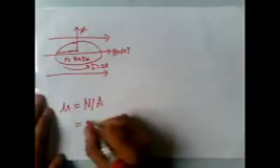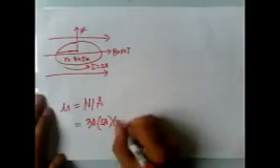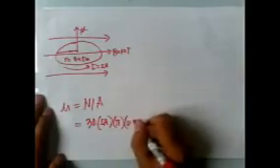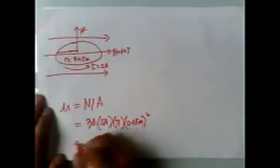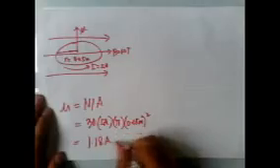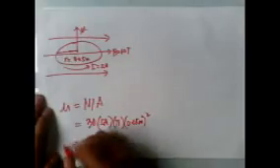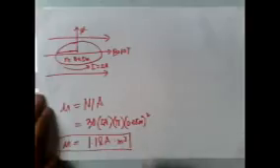So we have N, 30 turns, times i, 5 ampere, times pi r squared, which is 0.05 meter squared. So in turn, we have 1.18 ampere meter squared as the magnitude of the magnetic moment.